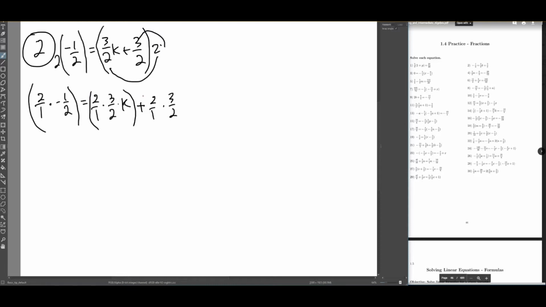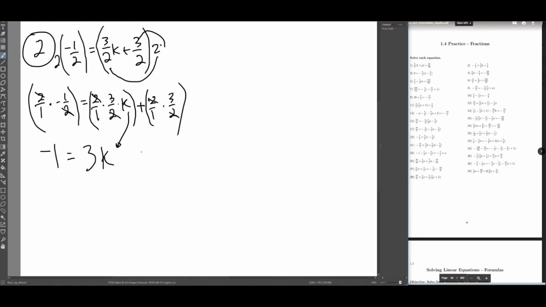The 2's cancel, and I'm left with minus 1 over 1, that's negative 1, equals. The 2's cancel, so I'm left with 3 over 1, that's 3k. Here these things cancel, so I'm left with plus 3.